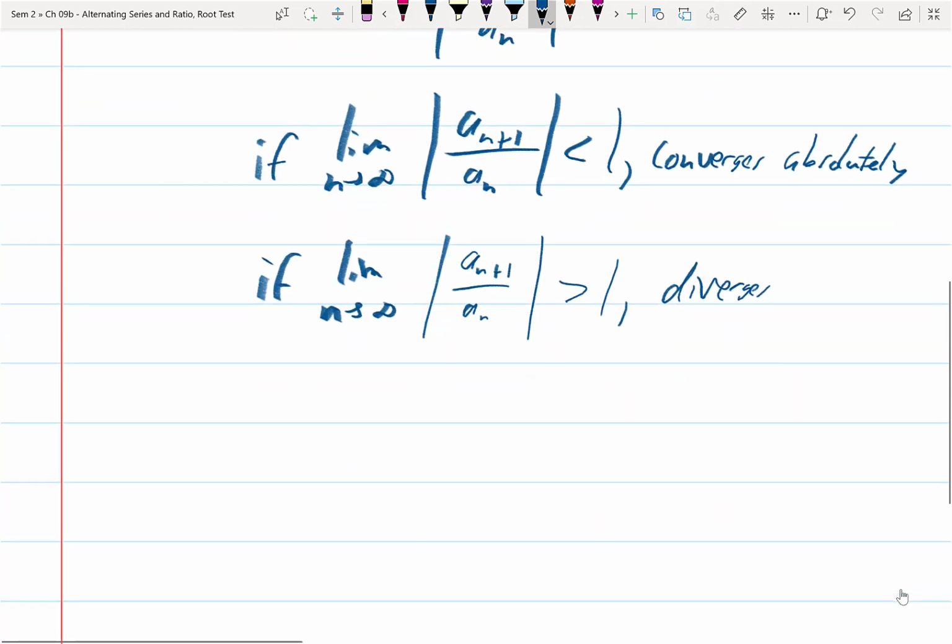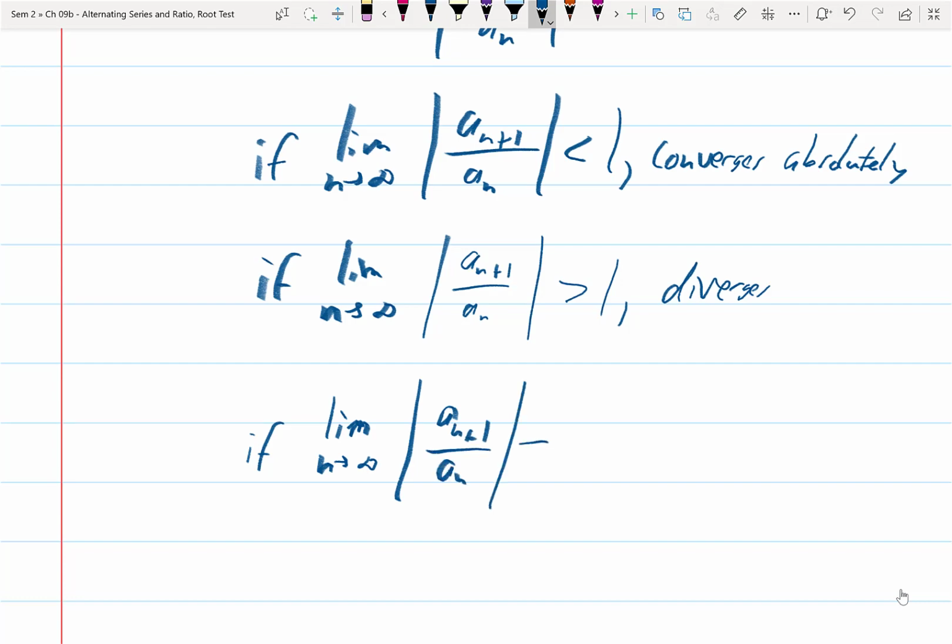And finally, if the limit equals 1, it is inconclusive.